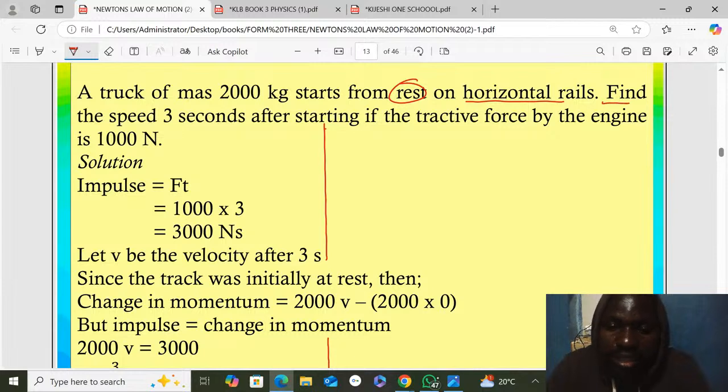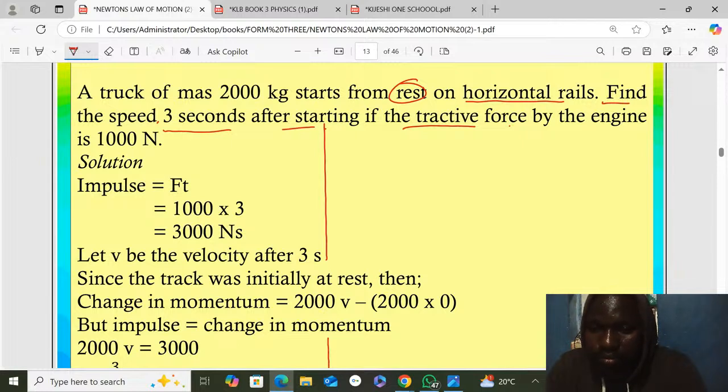Find the speed 3 seconds after starting if the tractive force by the engine is 1000 newtons. This one will be a bit simpler. It was starting from rest.